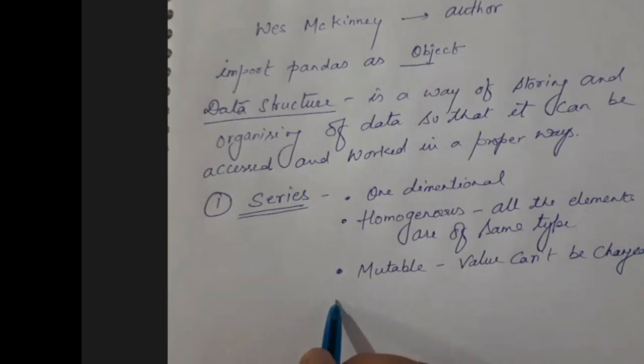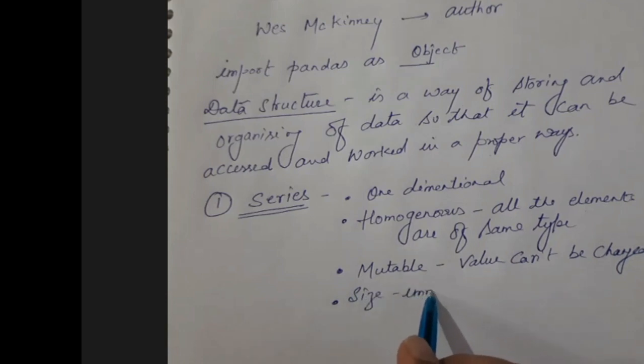But size cannot be changed. Value is mutable. Size is immutable. It means the number of elements can increase or decrease at any point of time, but the value cannot be changed.